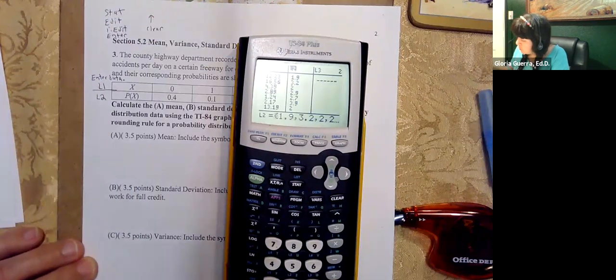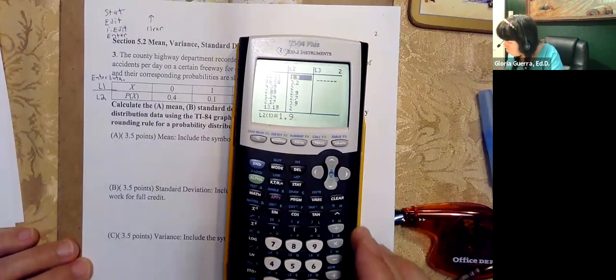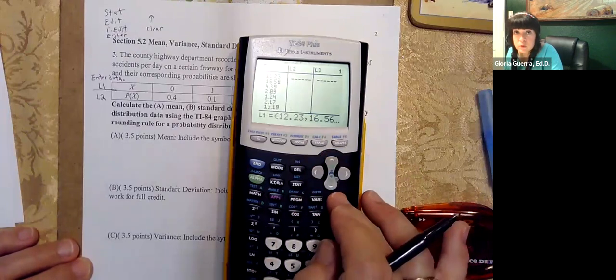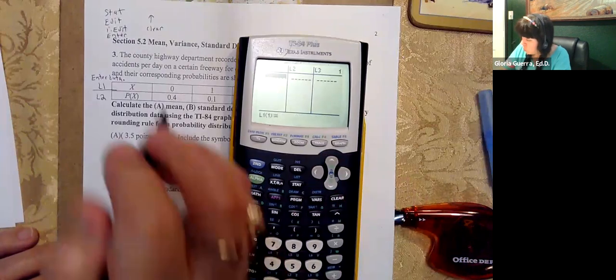And then Enter, right? And then tab over here, go up to the top, clear, enter.